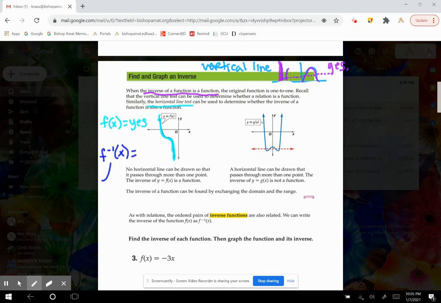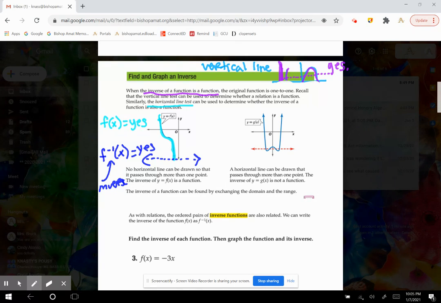That negative 1 means inverse. That should be a review. Well, then you would do the horizontal line test. If I make my horizontal line, start at the bottom and go all the way through, would it ever hit twice at the same time? Nope. So yes, the inverse is also a function.